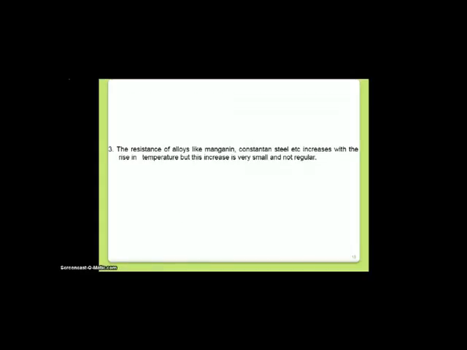Now, the effect of temperature on mixtures such as alloys, a common example being steel: the resistance increases with the rise in temperature, but the increase is not steady, it's not regular. So that's the effect of temperature on resistance.